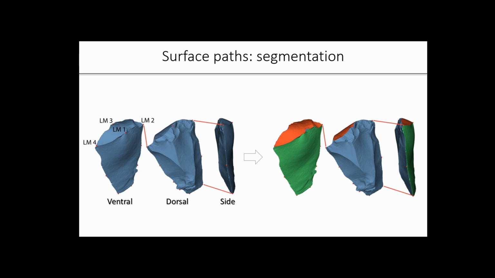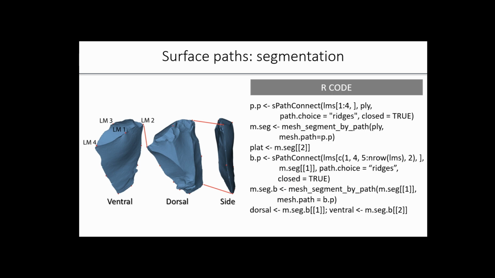So what is required in order to do this? Well, this is the code that is required. You use this SPath connect function to request that these landmarks be connected following ridges along the platform. That will output a list of vertex IDs on the surface of this mesh that must be traversed.